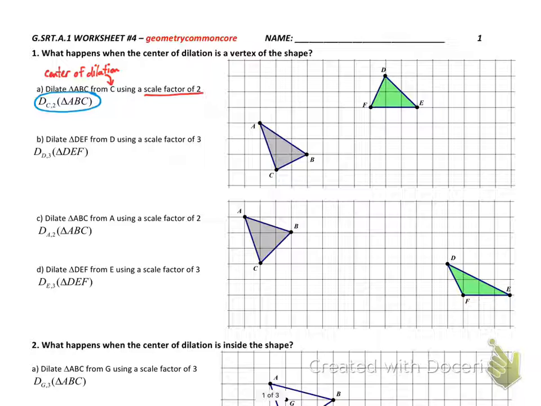And you can decide which way works better for you. So from point C, which is my center of dilation, in fact, I'll color that red, I'm going to go left 1 and up 3 to get to A. So this left 1 is kind of like a -1 movement. And this up 3 is like a positive 3.